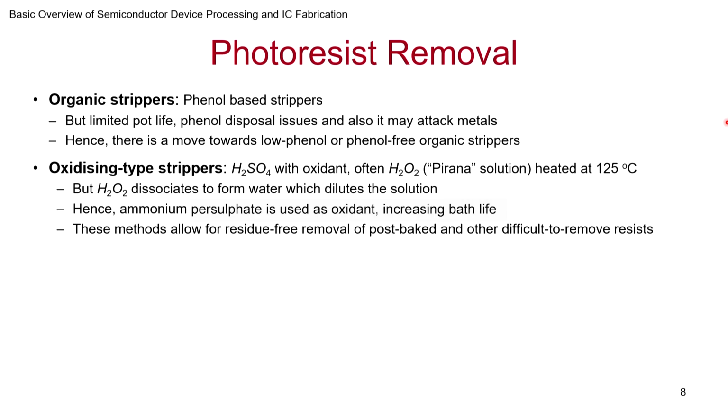The other thing which is more common, at least I have used this in some places, is oxidizing type strippers. This is similar to the first step that we talked about earlier in the wafer cleaning. This is H2SO4 with an oxidant, and often the oxidant is H2O2. This combination, which is kept at very high temperature, 125 degrees, is given a very formidable name. It's called piranha.